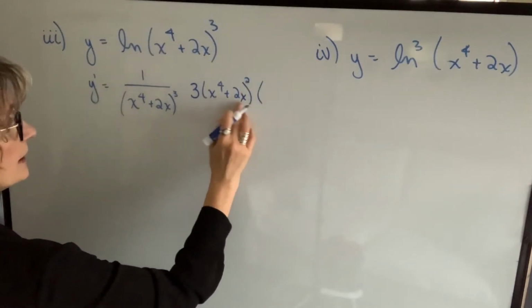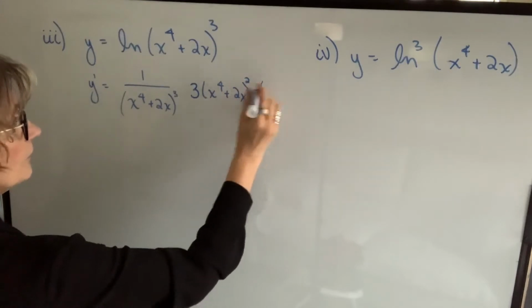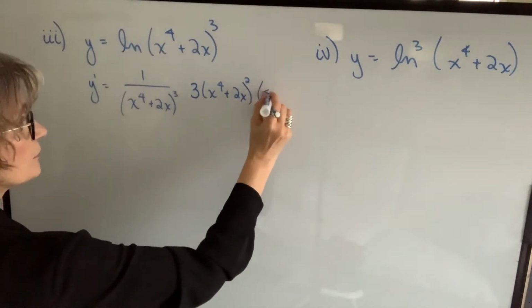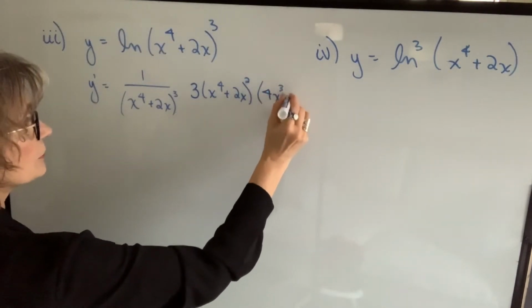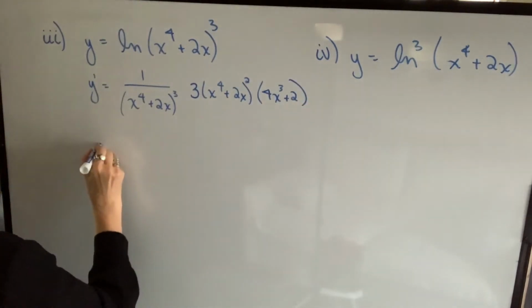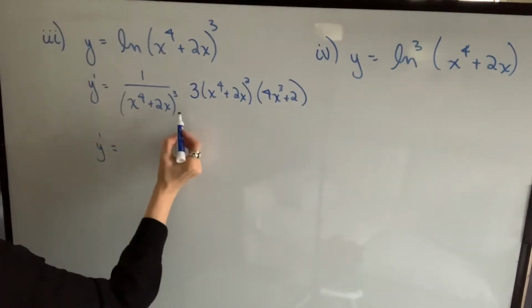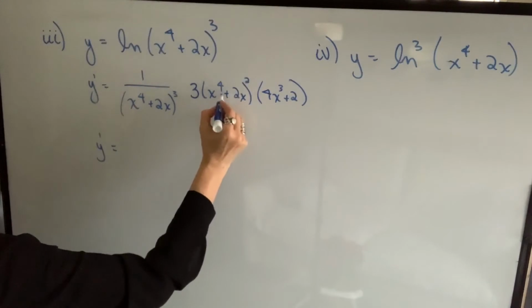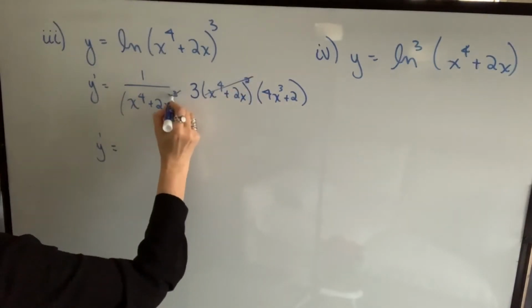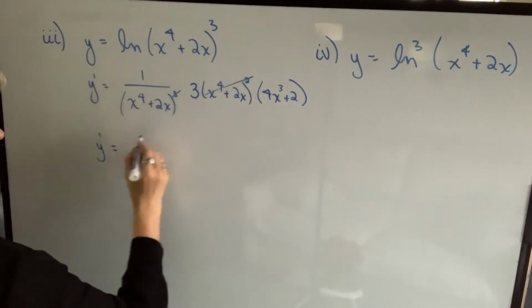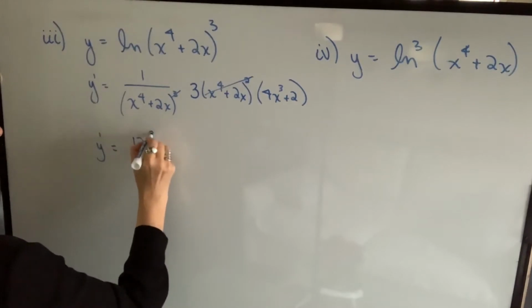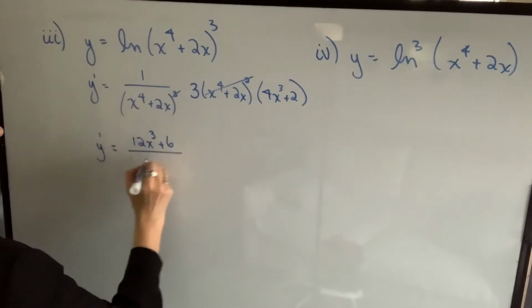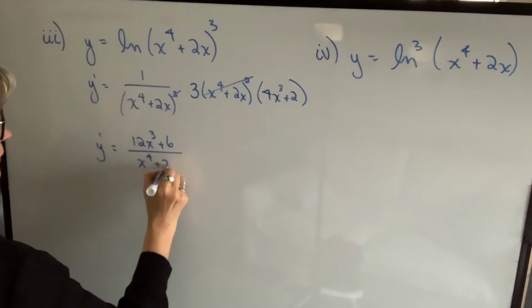And then I go inside this and multiply by the derivative of x to the 4th plus 2x, which is 4x cubed plus 2. Now I can cancel an x to the 4th plus 2x squared, so my power will be 1, and I'm left with 12x cubed plus 6 in the numerator over x to the 4th plus 2x.